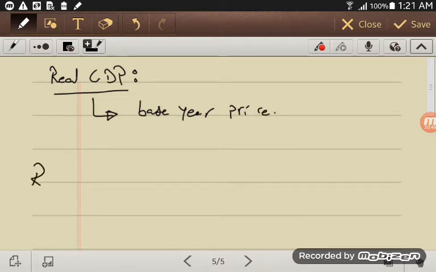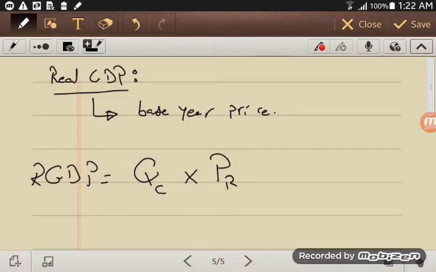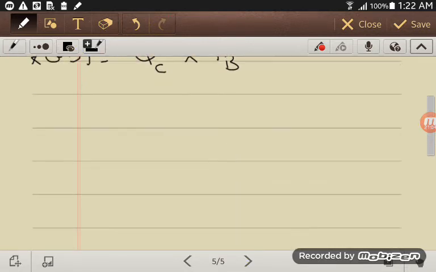So real GDP will be calculated as quantity current multiplied by price base. So we are going to keep the prices constant, prices of the base or the reference year.